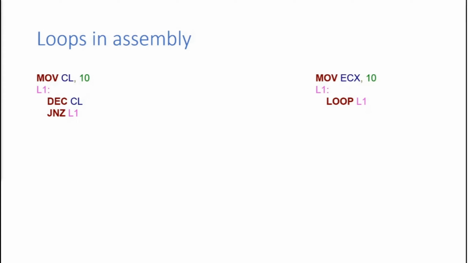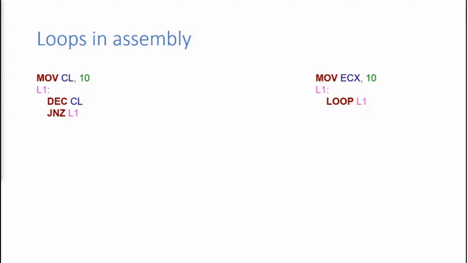The JMP instruction can also be used for implementing loops. For example, the following code snippet can be used for executing the loop body 10 times. The processor instruction set, however, includes a group of loop instructions for implementing iteration. The basic loop instruction has the syntax loop and the label, where the label is the target label that identifies the target instruction, as in the jump instruction.